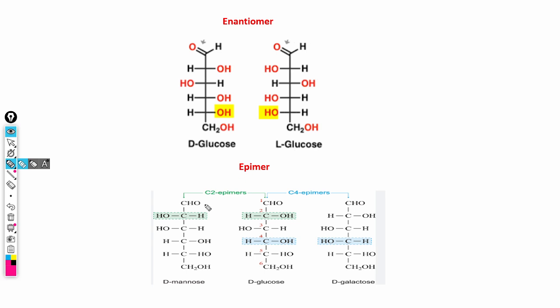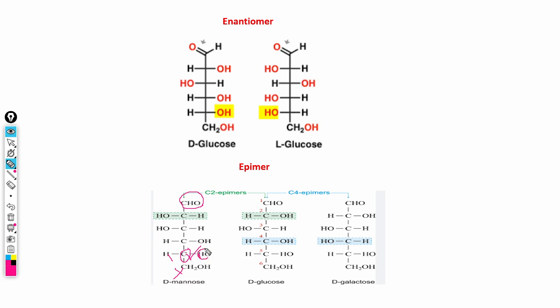Now this is called the functional group, that is the aldehyde group, and this is the chiral carbon, and this is the farthest chiral carbon from the functional group. This is because this is not a chiral carbon and this one is the farthest chiral carbon. So in this chiral carbon always one hydrogen and another OH group is attached.